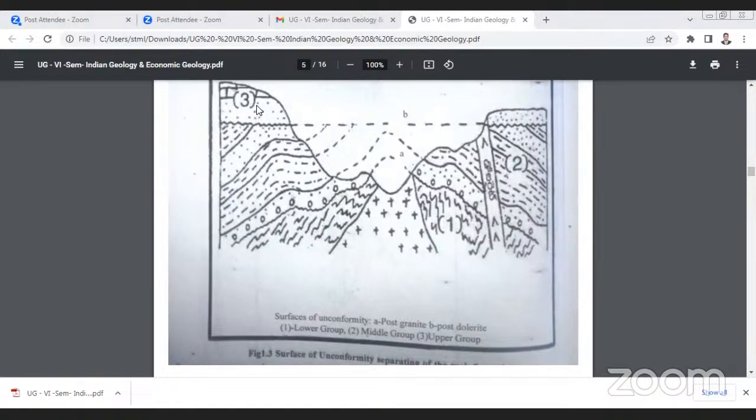The first basement is occupied by the granite, and the basement granite is the oldest. Later, dolerites or other formations will form along the intrusions. Afterwards, the rocks formed after this granite are known as younger granite, for example, dolerite.